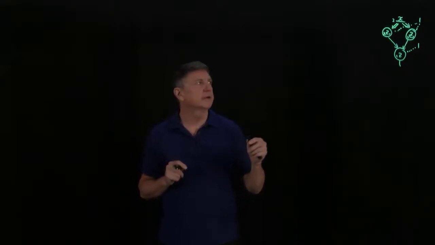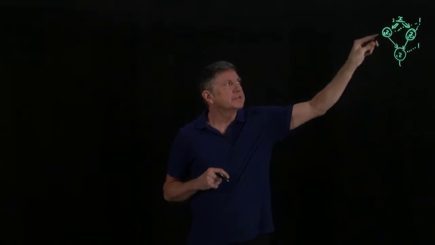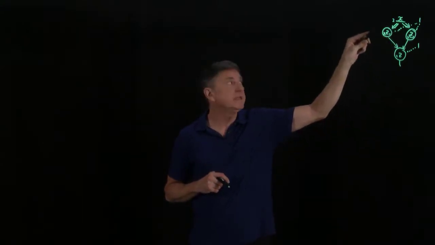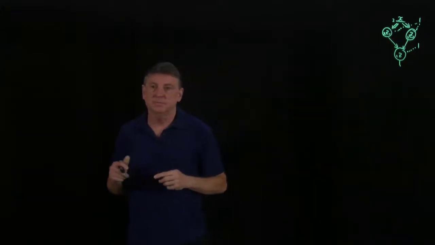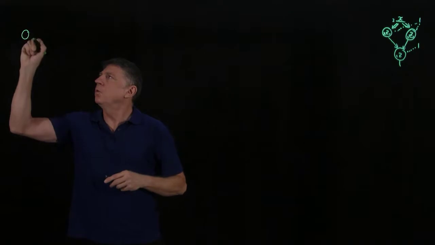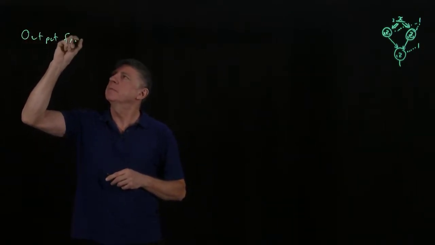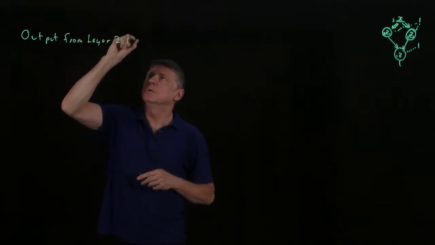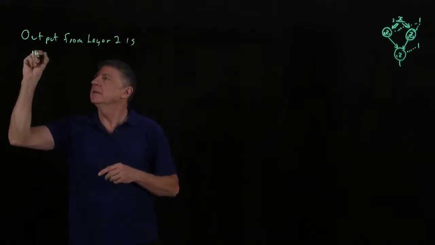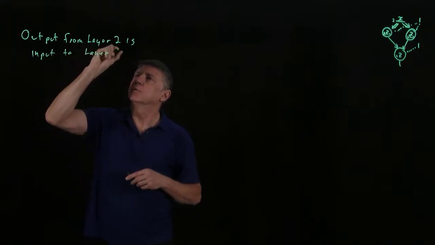Now let's take those outputs from layer 2 and provide them to layer 1. That is, now that we've computed these, which we computed as the phis, but we can write them as z's, let's take these and provide them to our output layer. What we need to realize is the output from layer 2 is the input to layer 1.